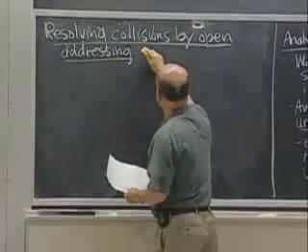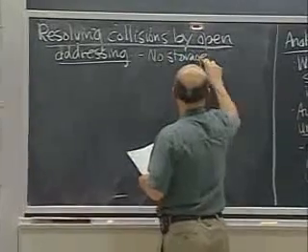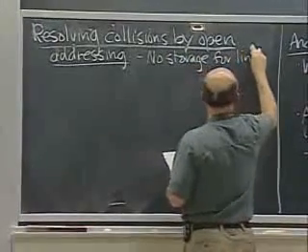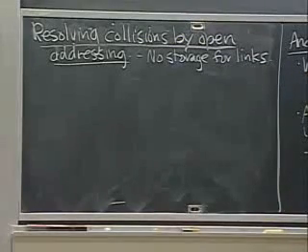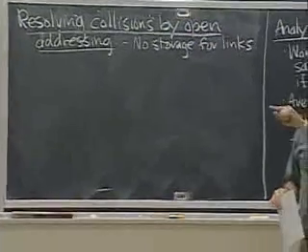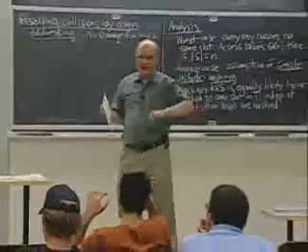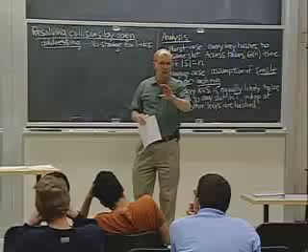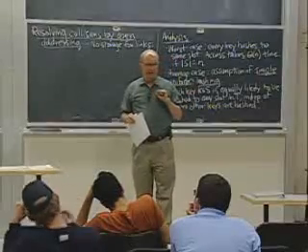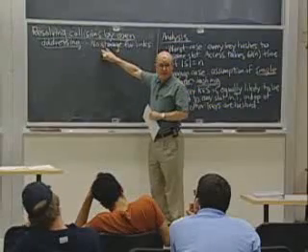The idea in this method is we have no storage for links. When I resolve by chaining, I need an extra link field in each record. That's not necessarily a big overhead, but for some applications, I don't want to have to touch those records at all.